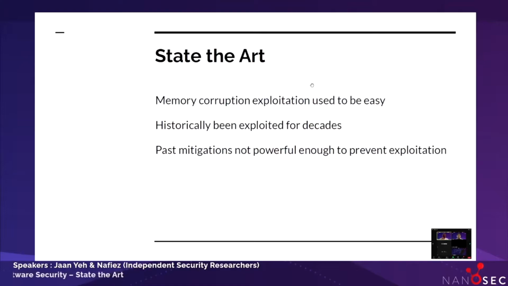And we have seen it historically exploited for decades. We started to see the Morris worm, which exploited a buffer overflow issue in the fingerd daemon or service, and it had been there for many years.